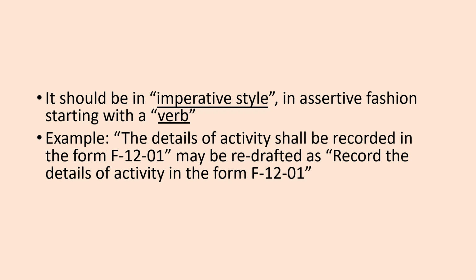See the first sentence. It has a word shall in the sentence. This is not considered as an imperative style. See the other sentence. It starts with a verb, the command, record. This style is called mandatory. It's an order. I hope that you understand the difference between these two sentences.